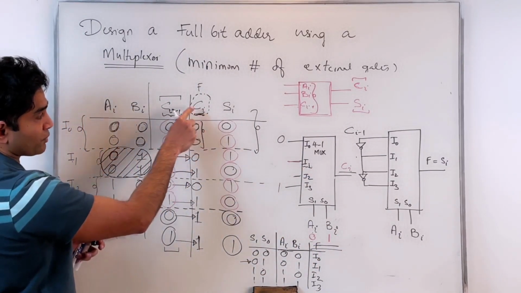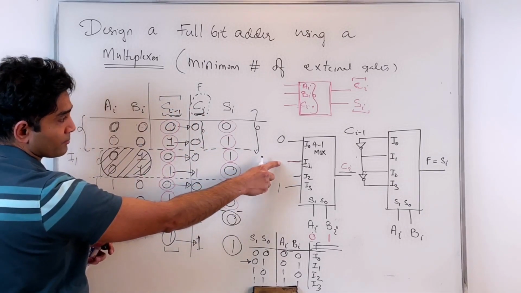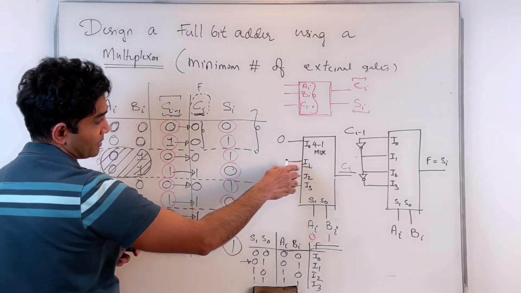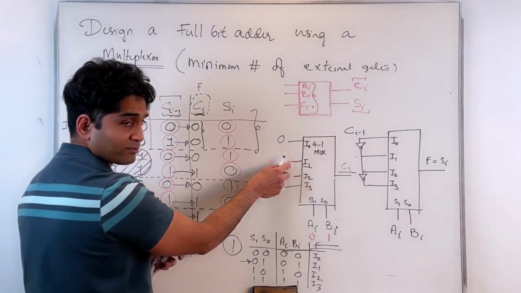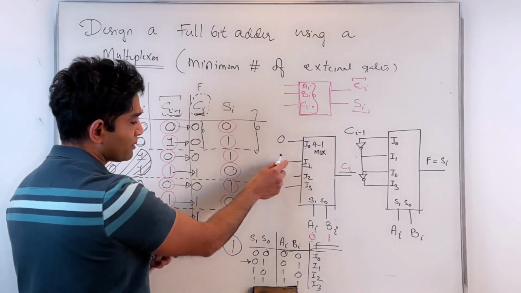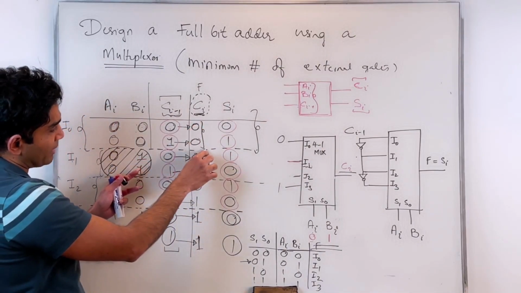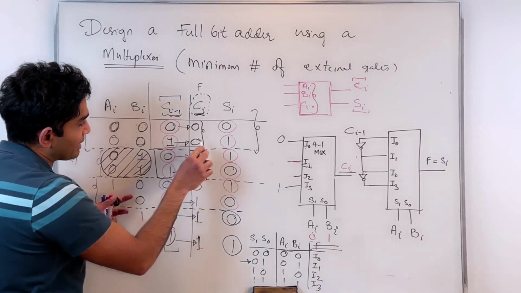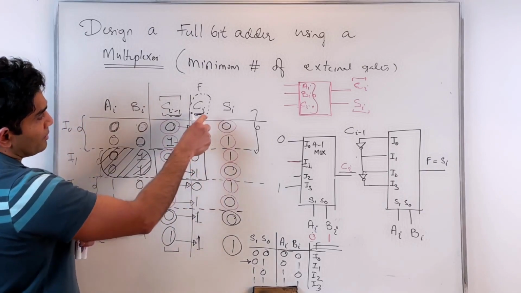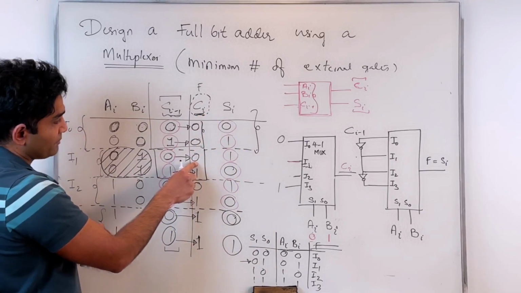So Ci is a function of Ci minus 1 only. In other words, I should be applying here some function of Ci minus 1. What should I be applying so that this condition is satisfied? I will go back to this truth table and observe that Ci is 0 when Ci minus 1 is 0.